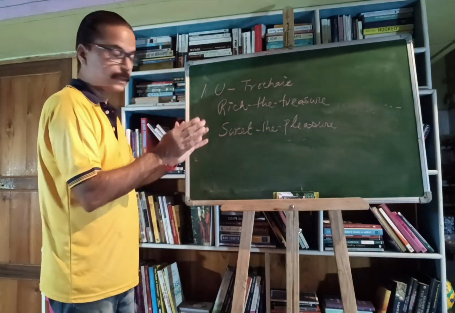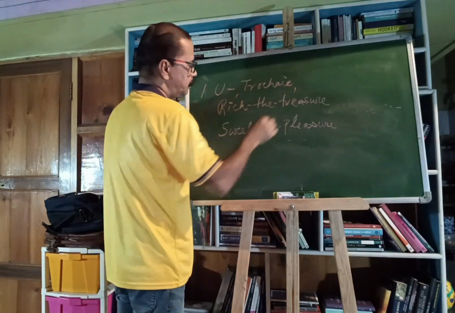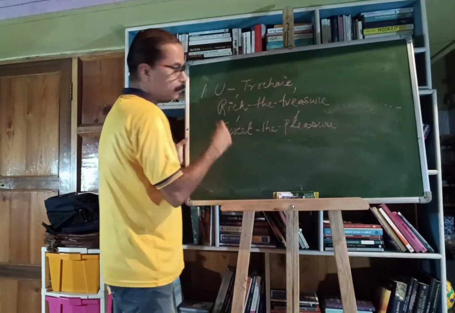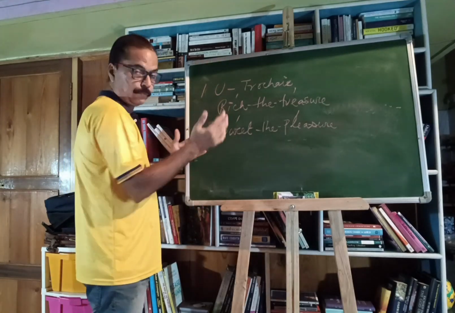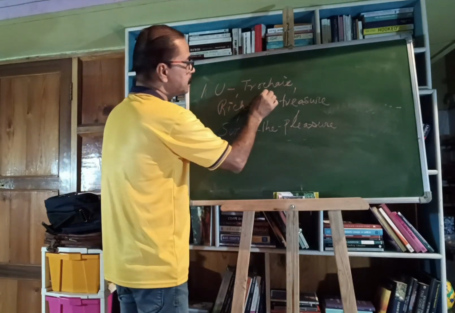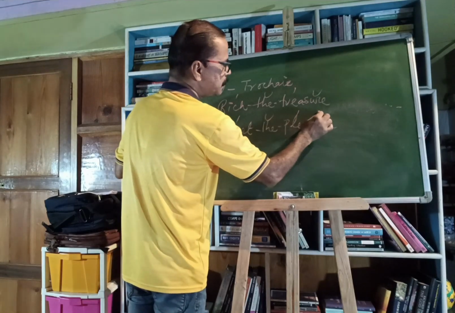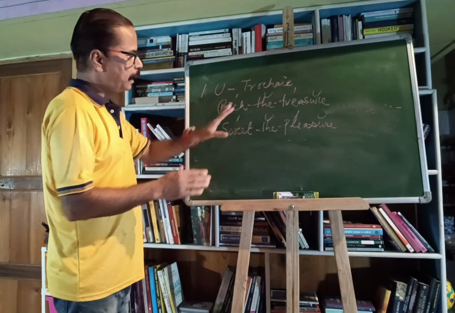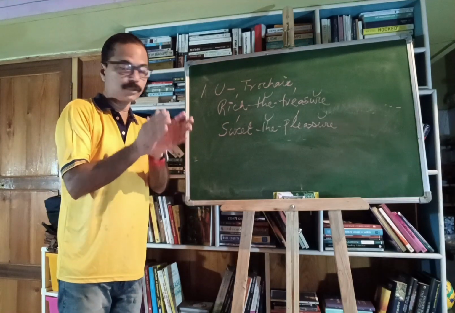Now we have to put the stresses. Now we know which are the syllables to be stressed. Rich, the treasure, sweet, the pleasure. So here the pattern is reversed in relation to the earlier one. So here: stress, unstressed, stressed, unstressed, stressed, unstressed, stressed, unstressed. Now this is the pattern, and the number of foot here is not 1 but 2, because we know each foot contains 1 stressed syllable.